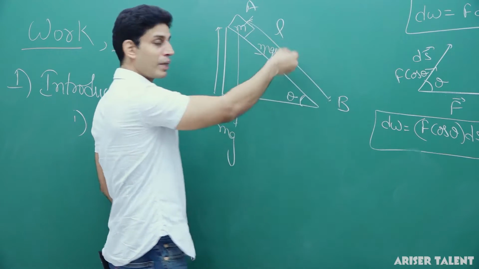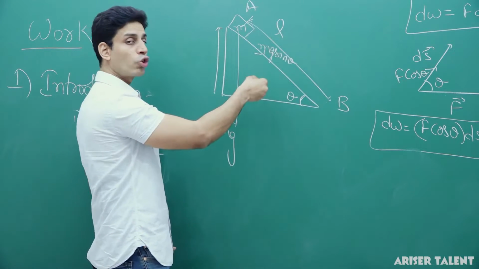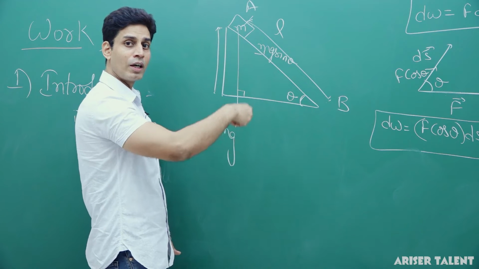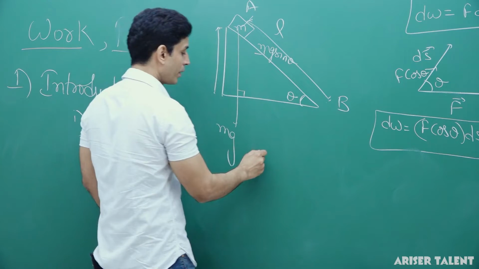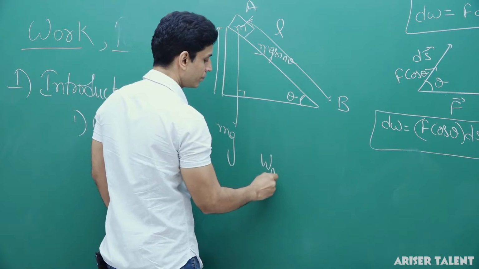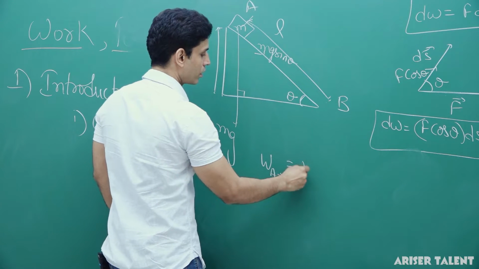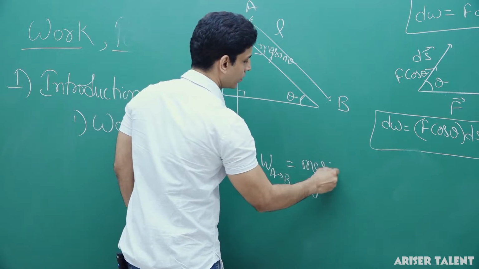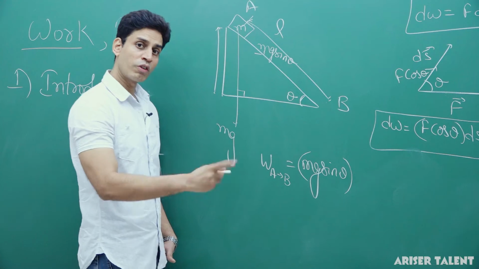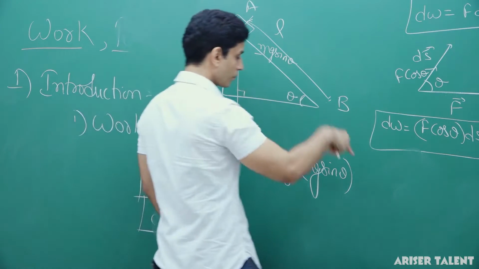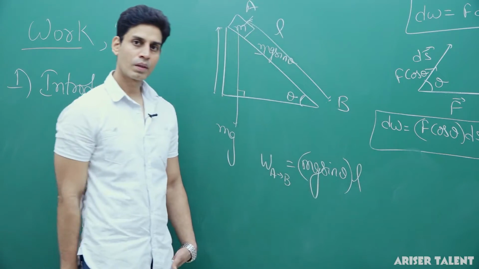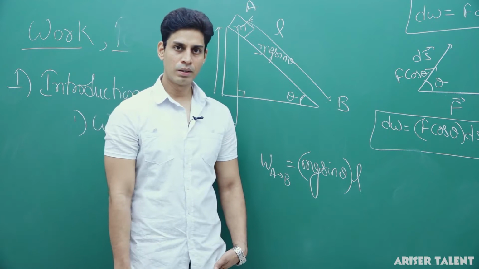Now A to B, the displacement is L and we have taken the component of gravity along the displacement. So the work done from A to B is Mg sin theta, that is the component of the force along the displacement multiplied by the displacement. That's it.